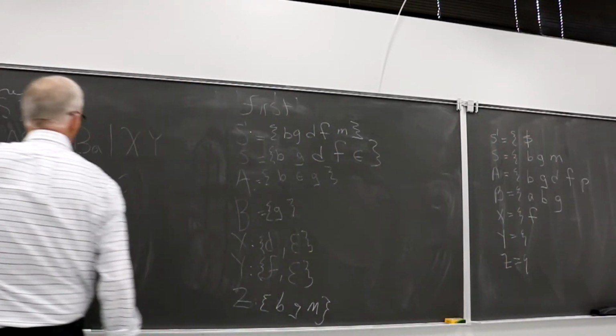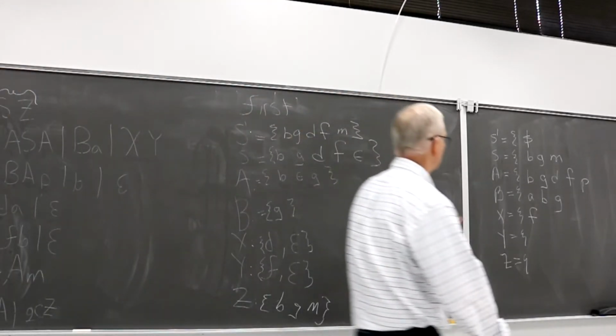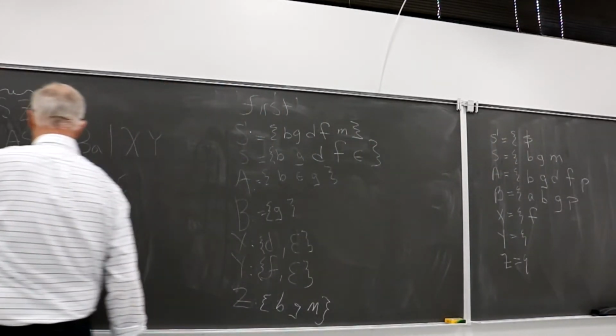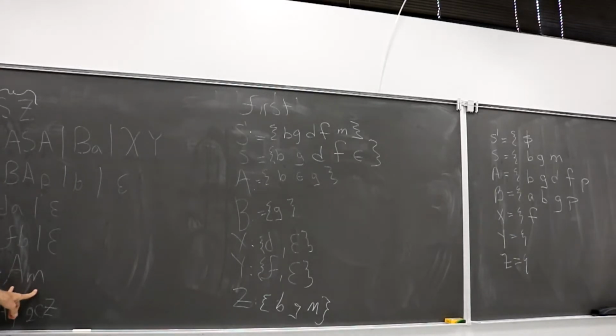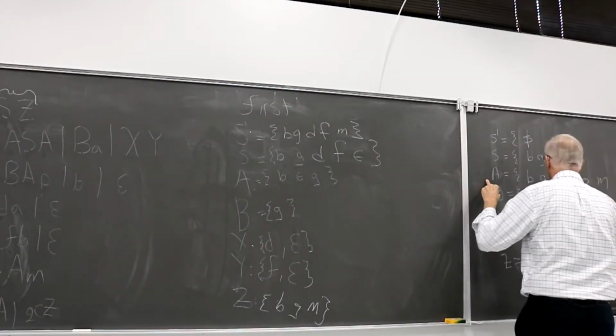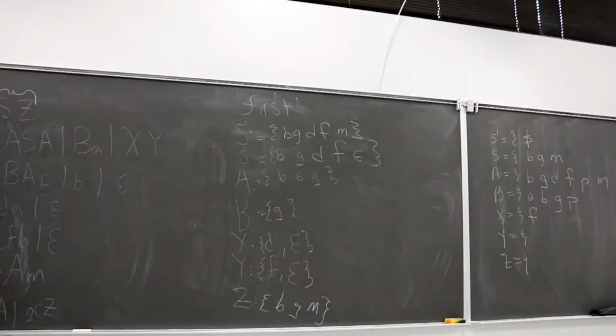Can A go away? Can A generate empty? Yes. So the first of P is in the follow of B. The first of M is in the follow of A. The first of, what is this, Q? Yes.